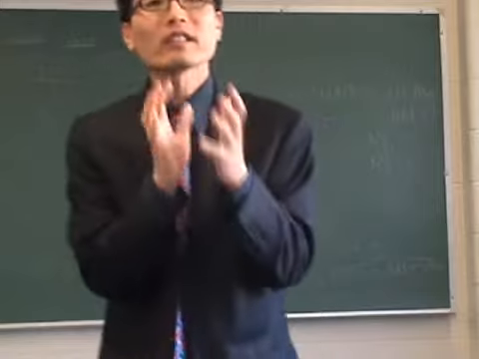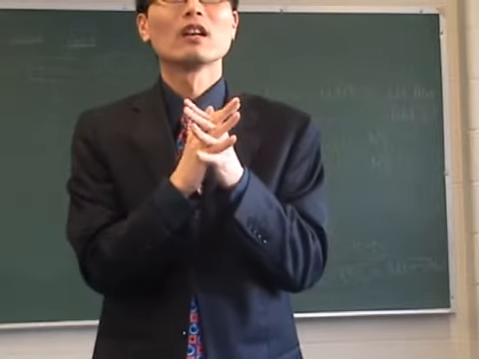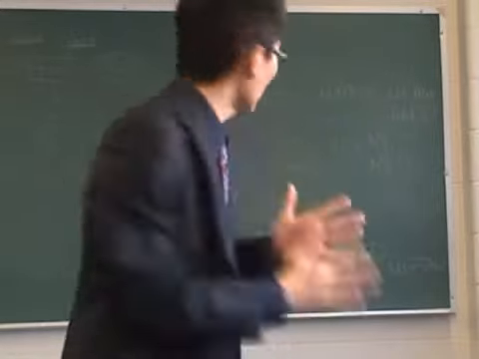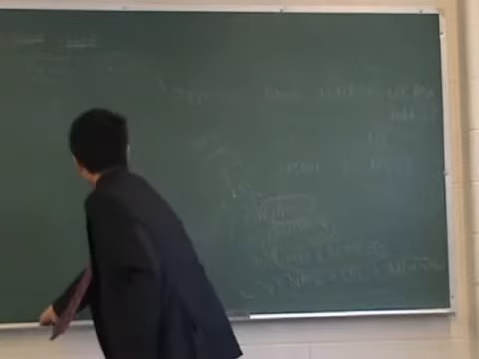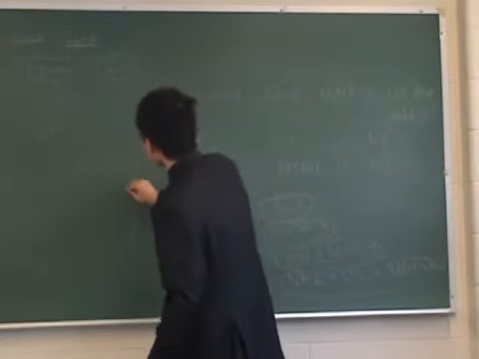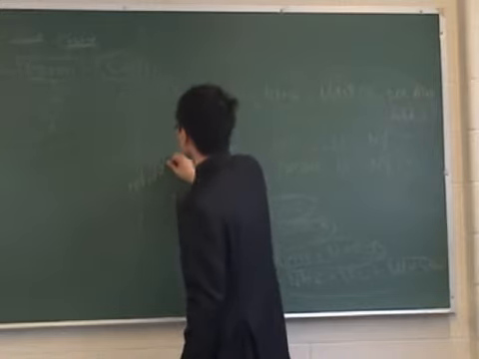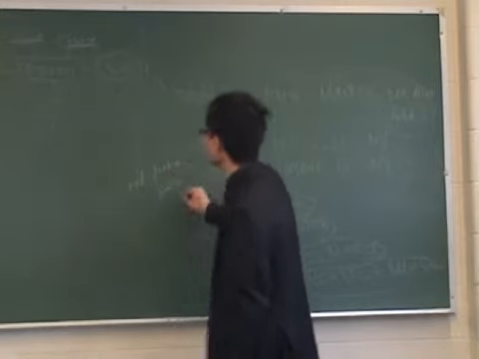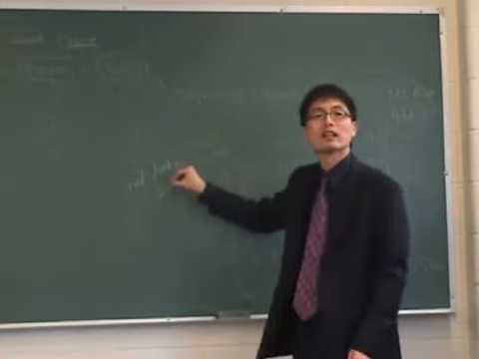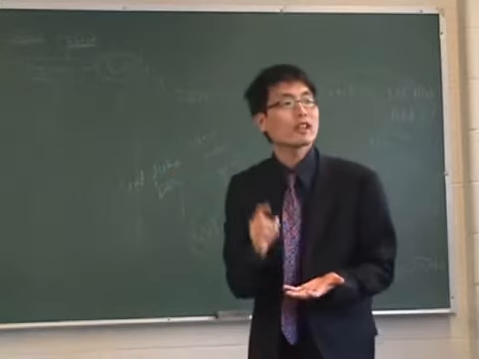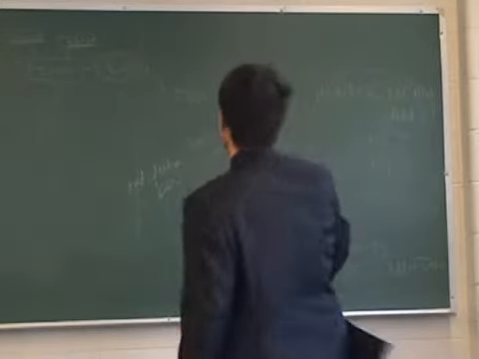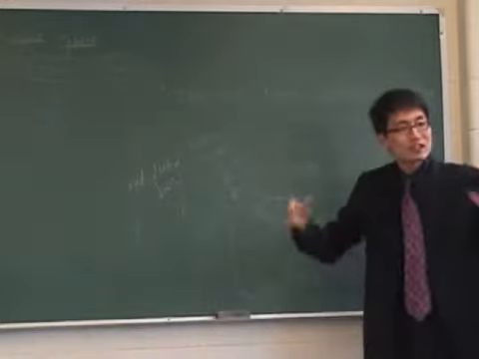Okay? That is called the candidate key. This is candidate for key. Minimal super key is called candidate key.